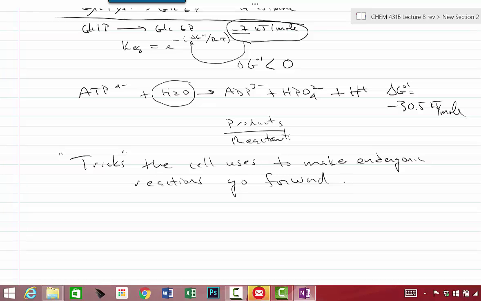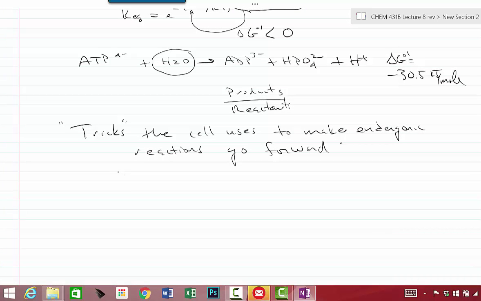So the first trick is, as I just said before, we couple the reaction with ATP hydrolysis.